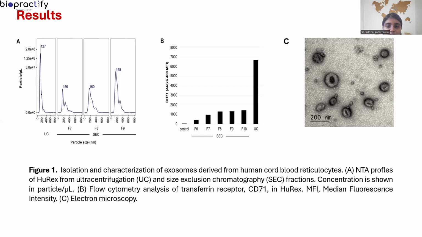This median fluorescence intensity indicates the amount of the CD71 receptor. The higher the median fluorescence intensity, the greater the amount of transferrin receptor. So in size exclusion chromatography the values are a little less compared to ultracentrifugation. Here also we can conclude that ultracentrifugation is a better process than size exclusion chromatography.